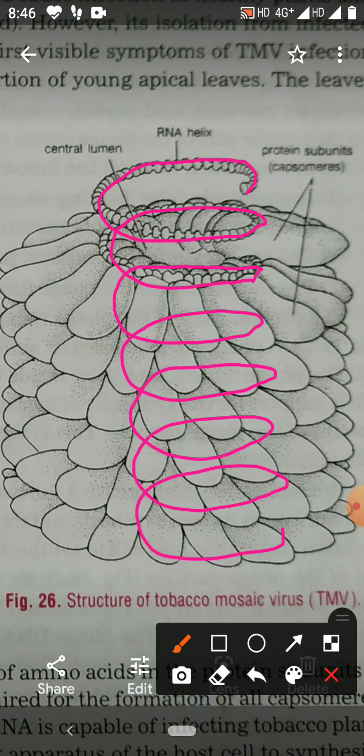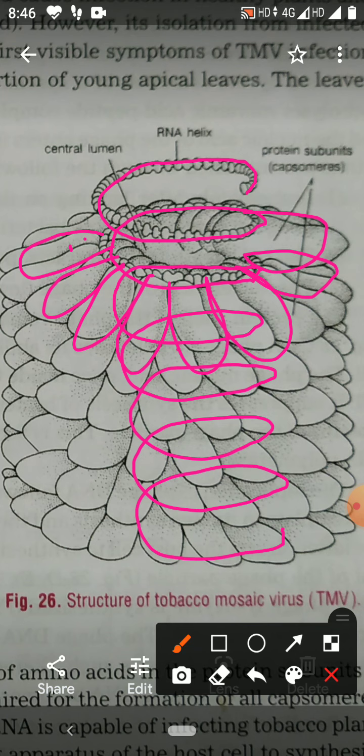And around it, these are the capsomers, that is the protein subunits, and these are arranged on this. So these proteins are arranged on this RNA helix.